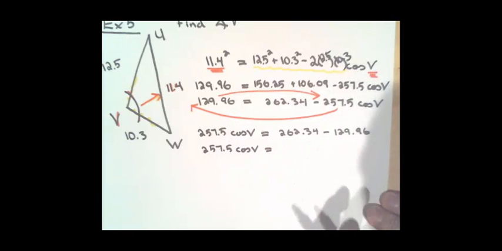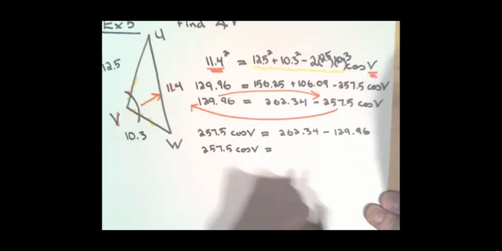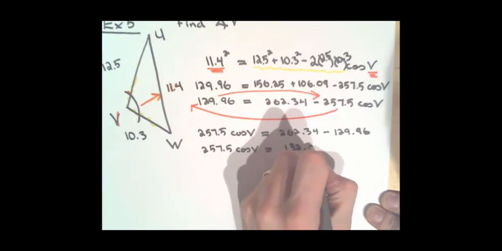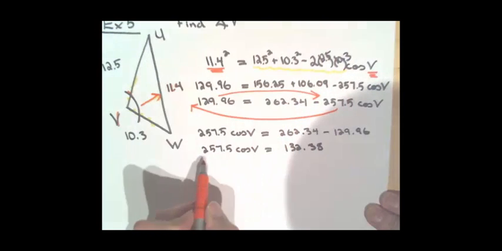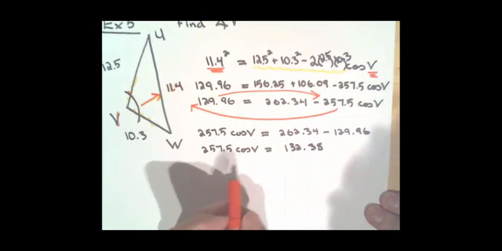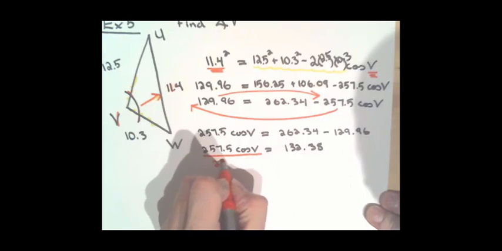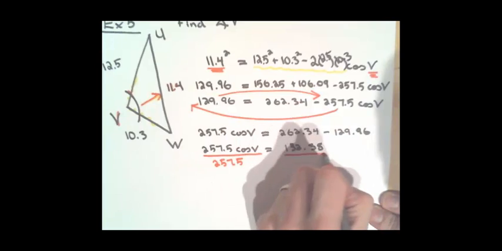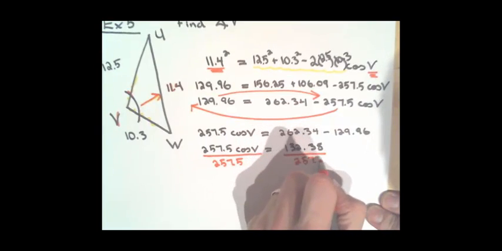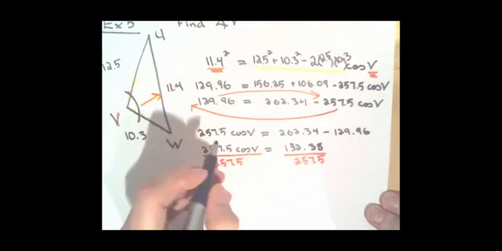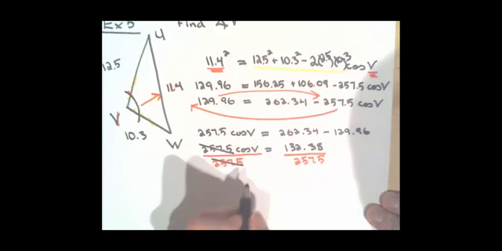So 262.34, take away 129.96, is 132.38. All right, we have to undo 257.5 times cos V. To undo multiplication, you divide. And you have to do it on both sides to keep the equation balanced. So cancel, cancel.